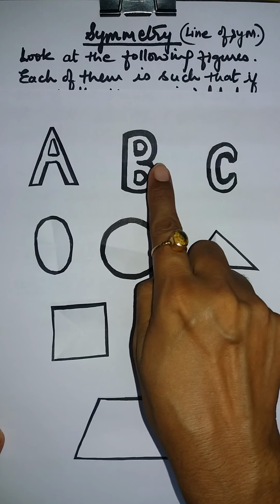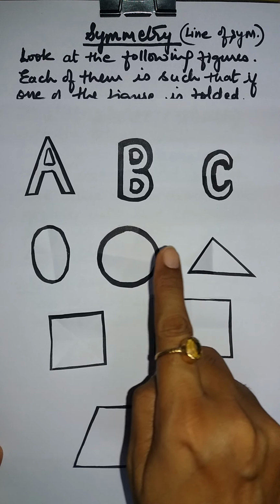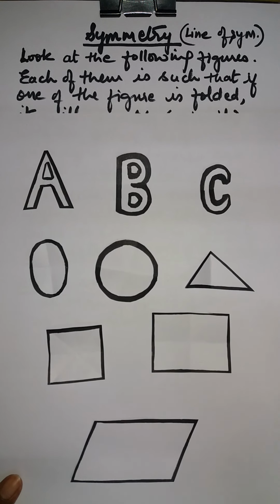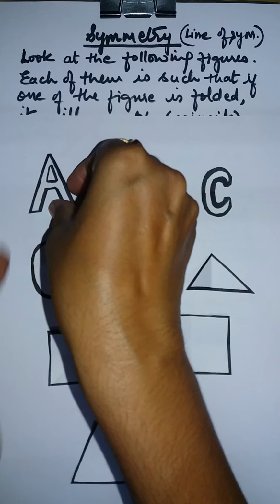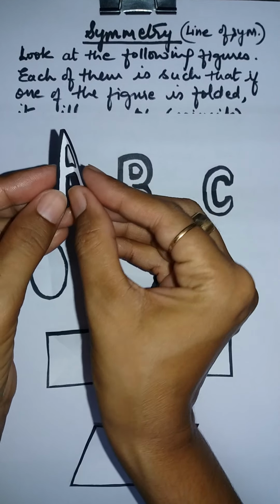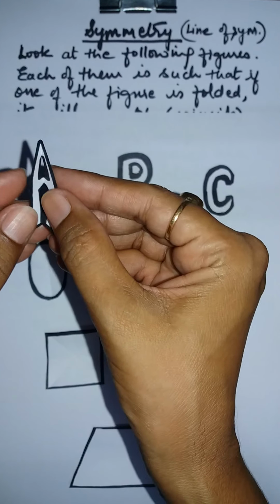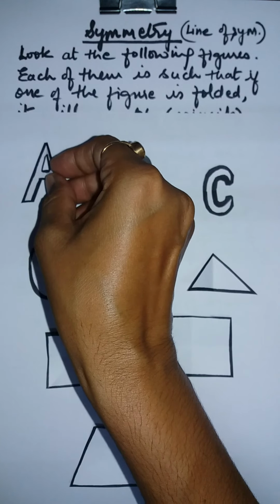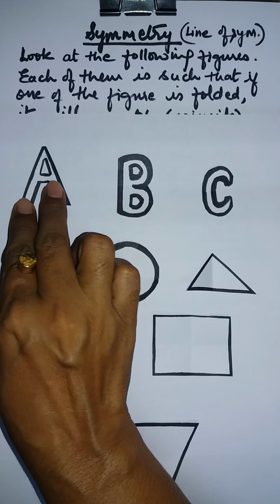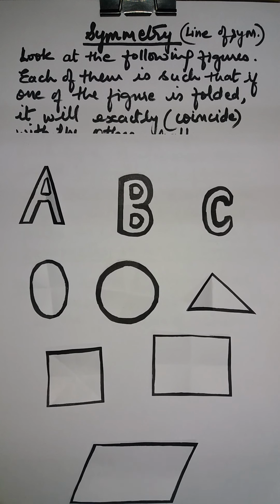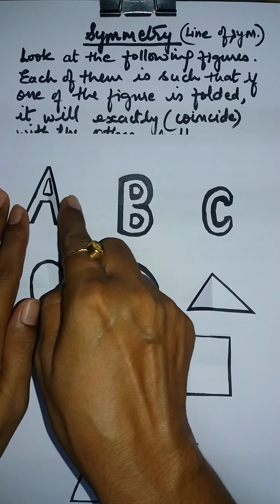Each of them is such that if one of the figure is folded, like if I fold this and unfold it, it will exactly coincide with the other.